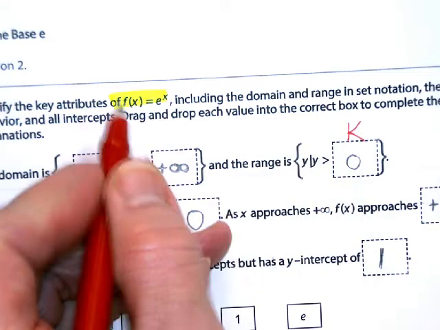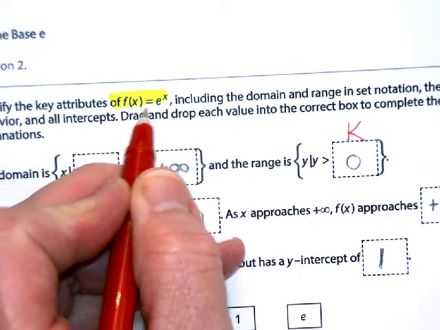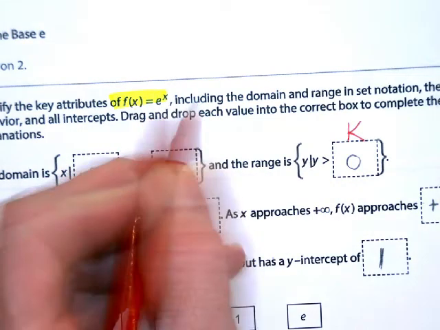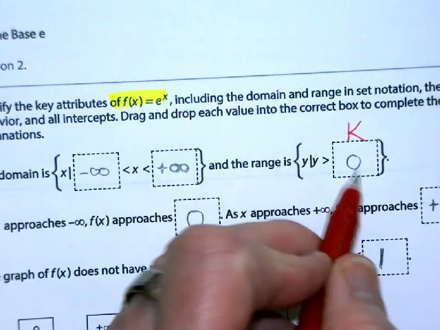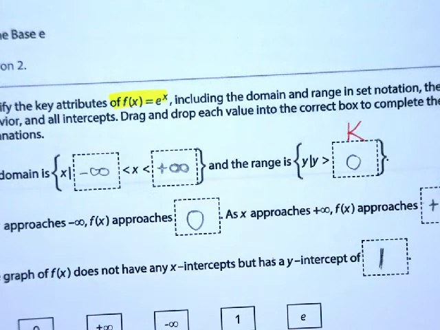Remember, this is K. Okay, remember that? And so if the function of x is e to the x plus nothing, apparently that plus nothing is plus 0.